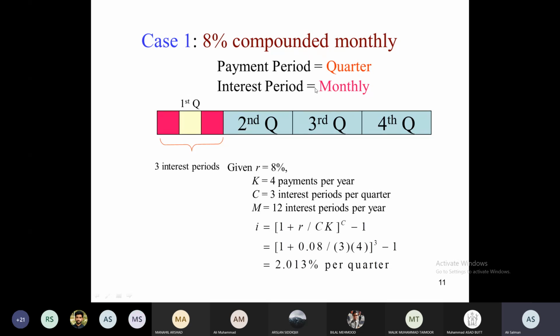You can calculate the value of i by changing the interest period from monthly to weekly. The rest of the data remains the same, and if we change the interest period from monthly to weekly, kindly calculate what results we get.